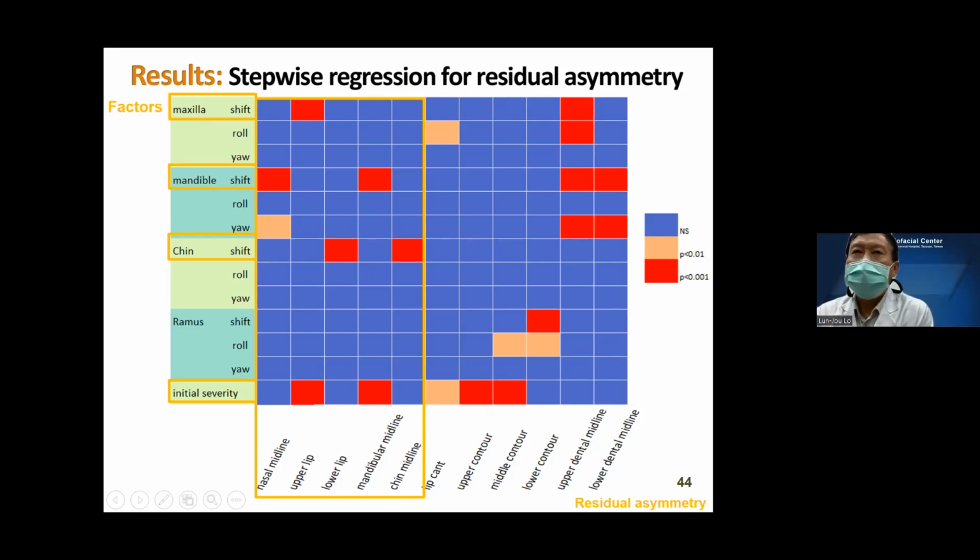Can I respond to the genioplasty? Yes. I think the genioplasty is very important in terms of the final outcome, because if you have a beautiful chin, the whole face looks more complete, more perfect.